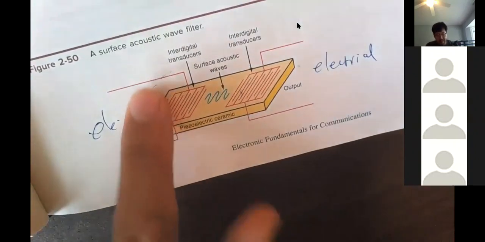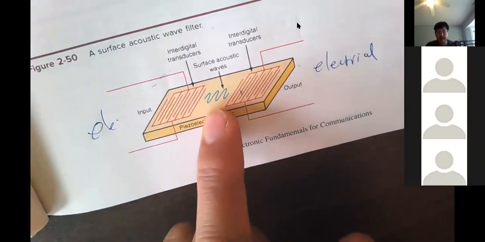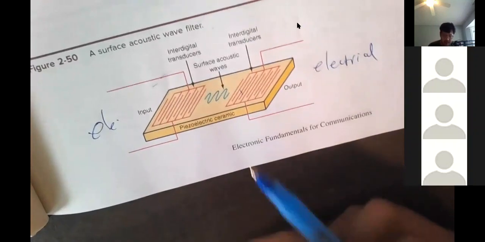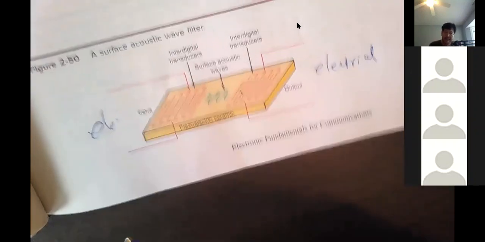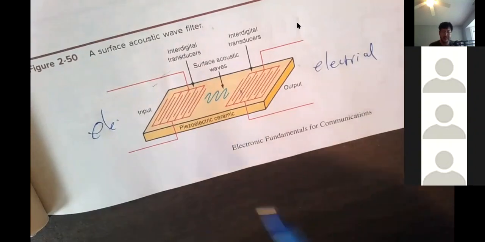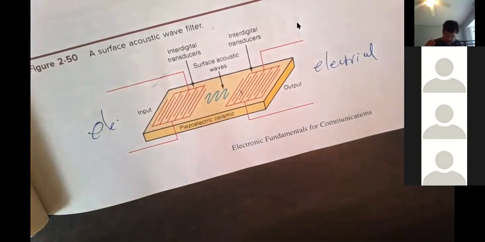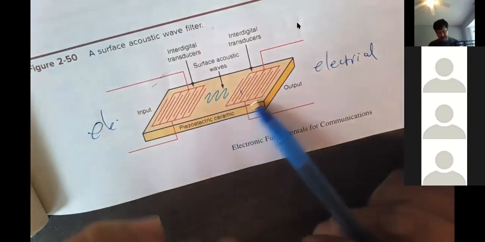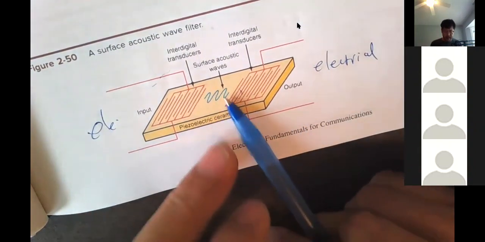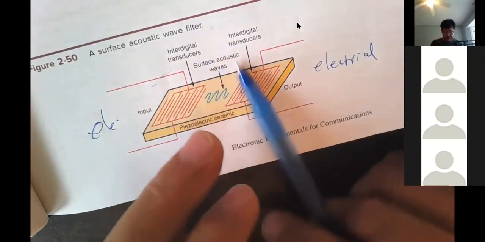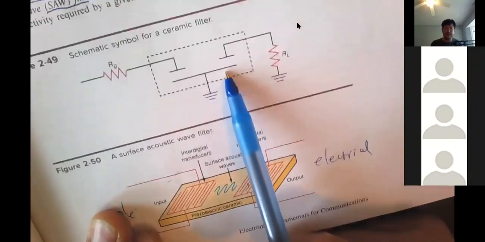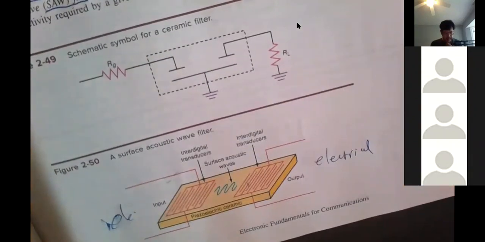All the others are rejected because of this mechanical ceramic device: how we cut it, the dimension, the chemical composition, and the hardness of the ceramic material all determine which frequency can pass through. This is the symbol for the ceramic filter.